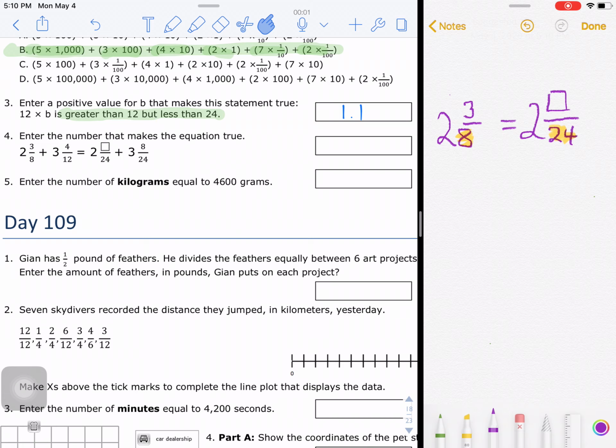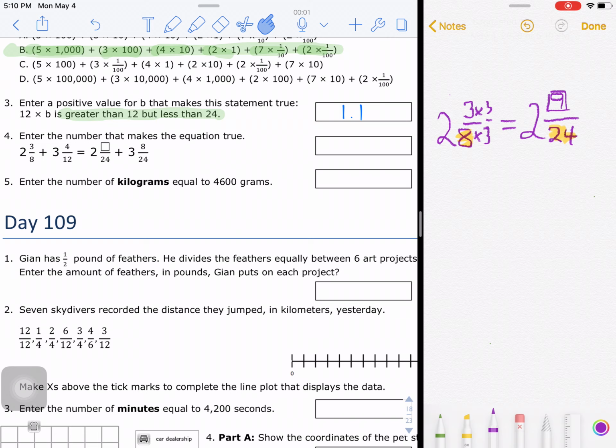Well, I could add, because 24 is greater than 8, but I know that if I'm using the concept of making equivalent fractions, I'll actually be multiplying. And I know that 3 times 8 is 24. Because we're looking for an equivalent expression, I can't change the fact that these fractions are equal.